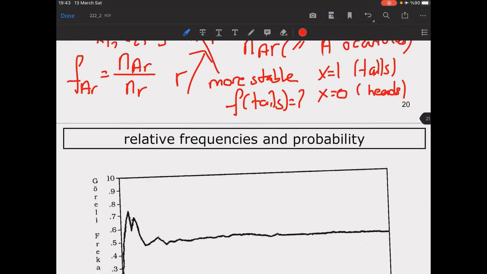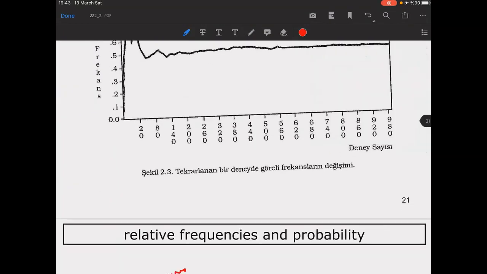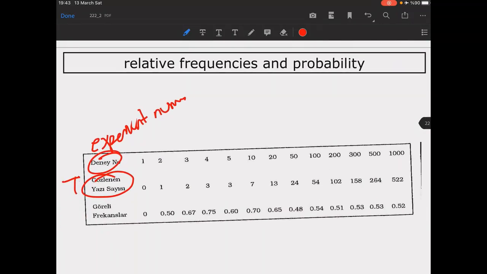In the first trial you get heads, so it's 0. In the second trial, you get a tail and it's 1. In the third trial, you get another tail. Now it adds up to 2.